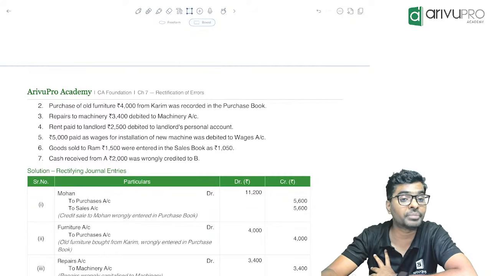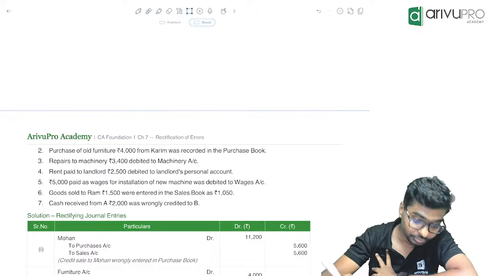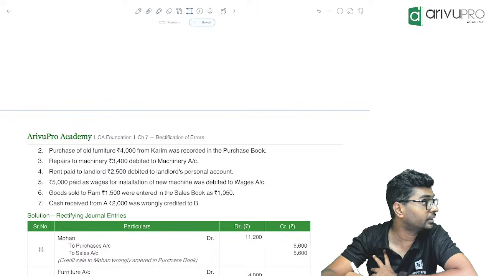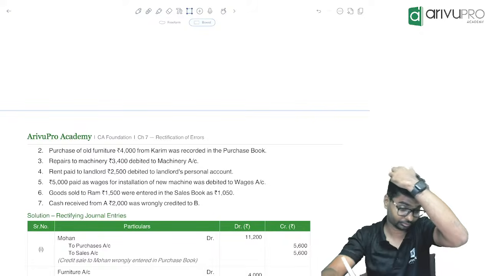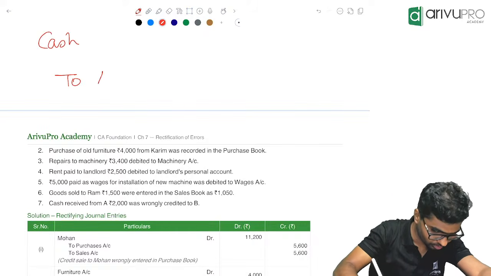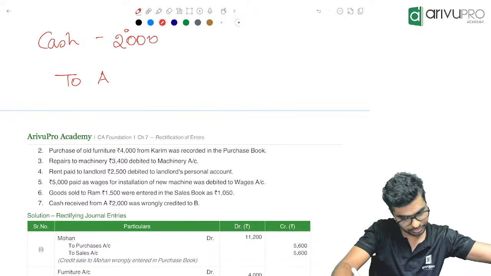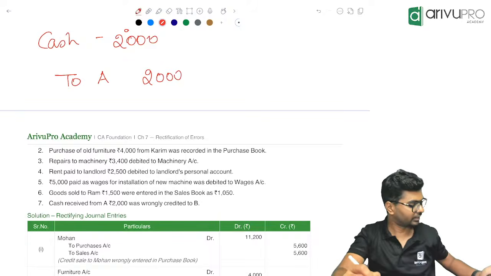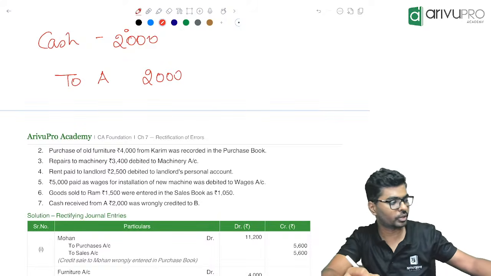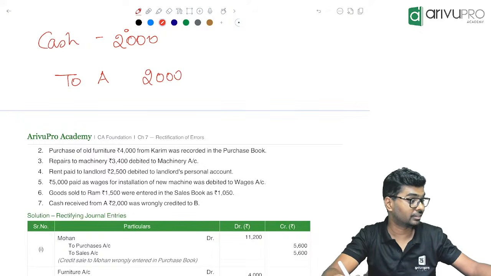Cash received from A. What's the journal entry? Cash. How much? 2000. Thank you. Cash to A, 2000. Now what are they saying?